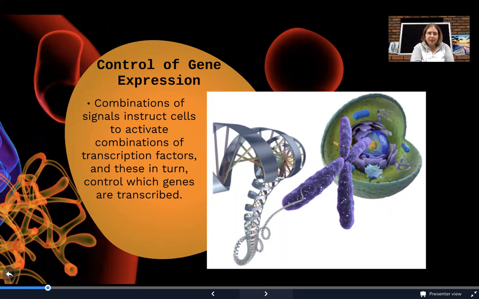So control of gene expression. A combination of signals instructs cells to activate combinations of transcription factors, and these in turn control which genes are being transcribed. If you remember the central dogma of molecular biology, DNA codes for the RNA and the RNA codes for the protein.